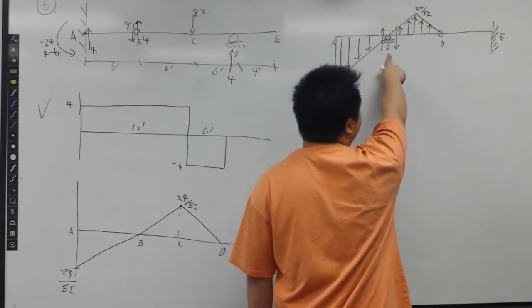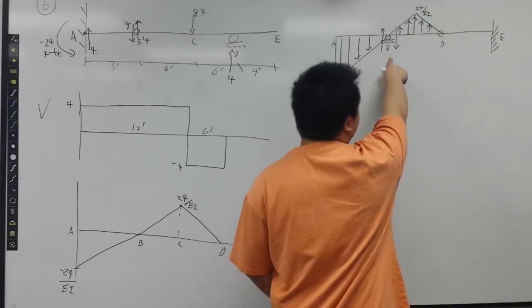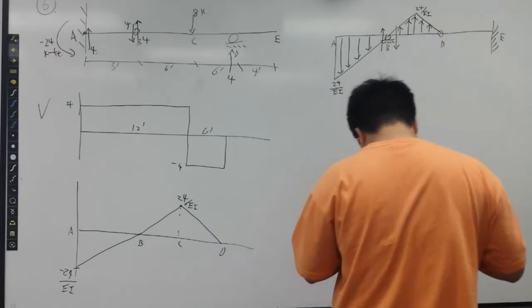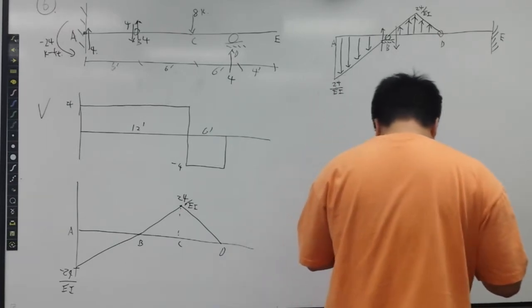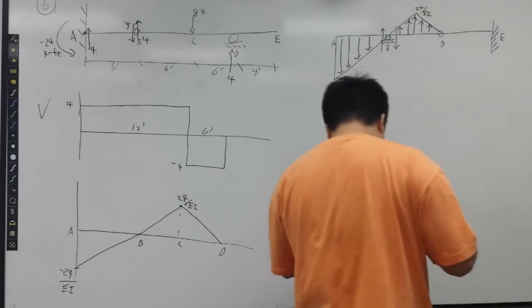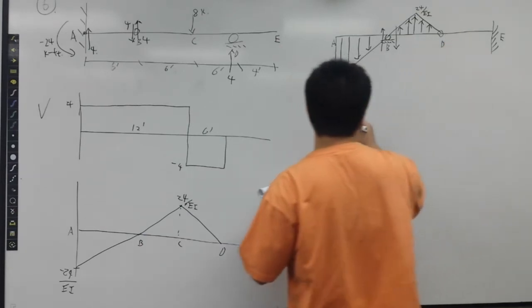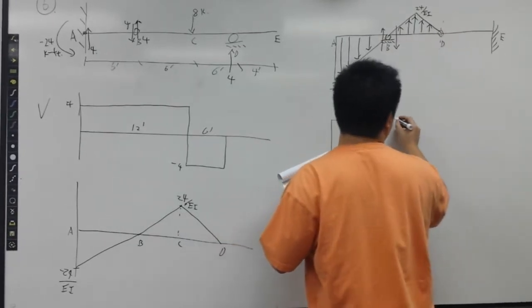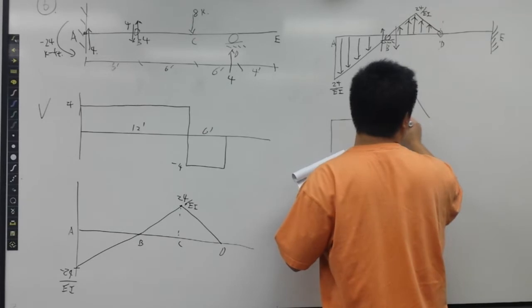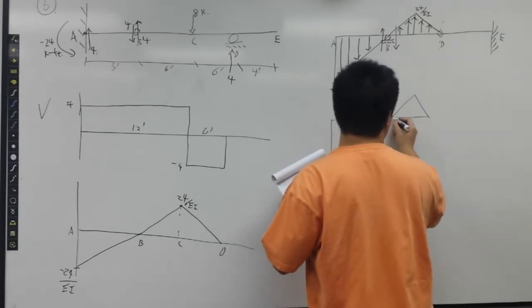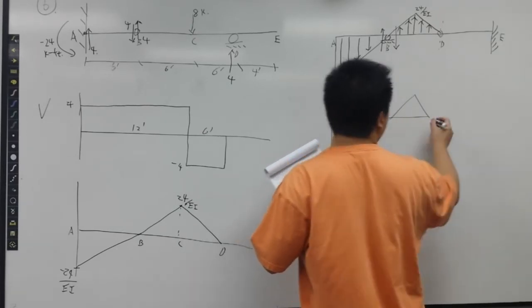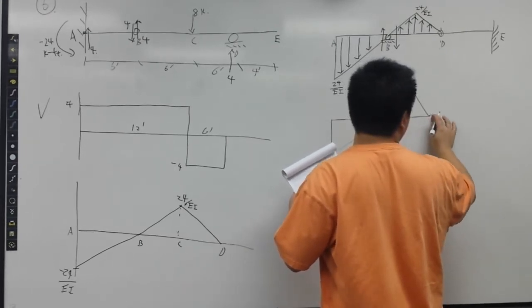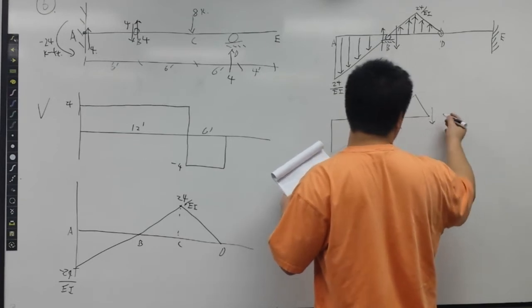To find the reaction at this point, we have to make a cut. Is that how I do it? No, it's not. So we make a cut to find the reaction. We make a cut right here. It's going to be this, that, that. Hinge, support. We make a cut, so assuming there's a force, a shear.